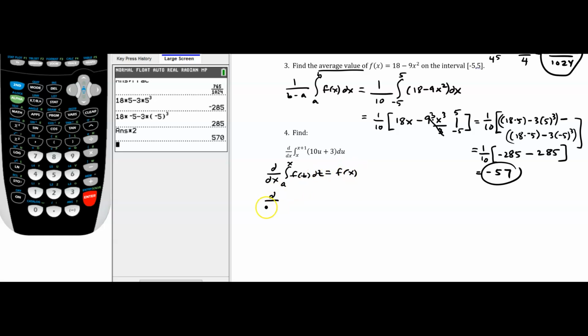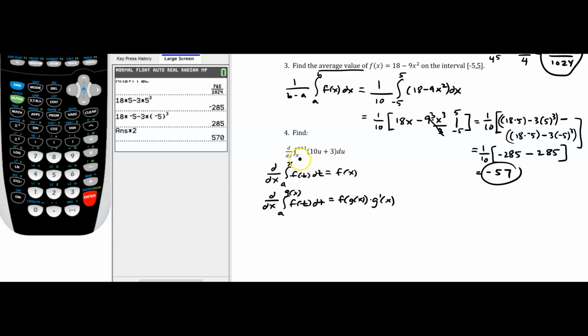And we also said if we did the derivative of the definite integral of a function going from a constant to x squared, but not necessarily x squared, this could actually be any function of x right here. I think we called it g of x. That this would actually be f of g of x times g prime of x. But we don't have that here.